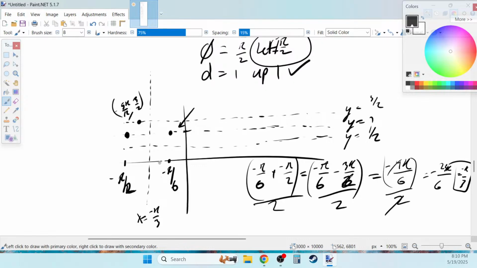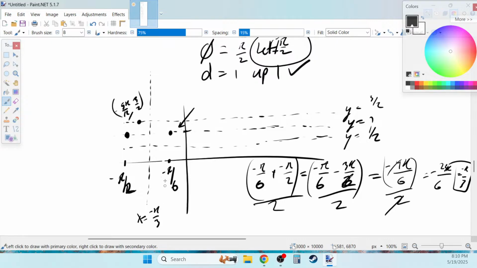This one over here is going to be, let's see, halfway between pi over 6 and pi over 3 is just 2 pi over 12. This is 4 pi over 12.